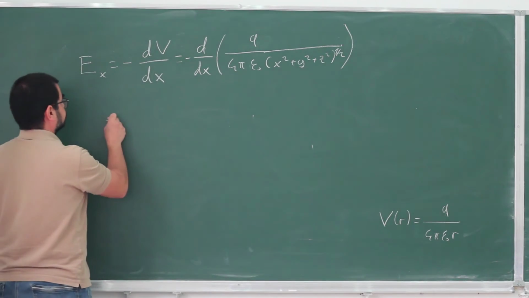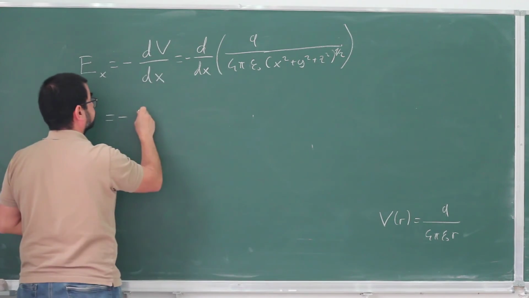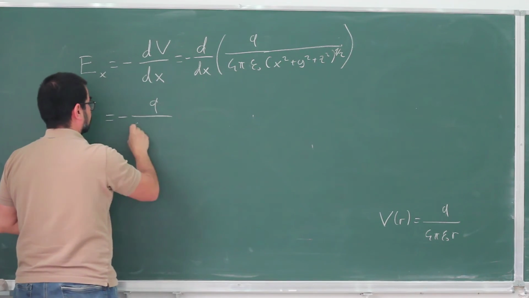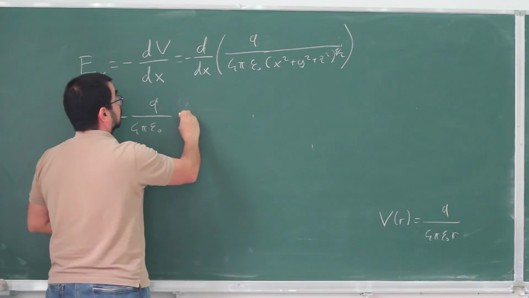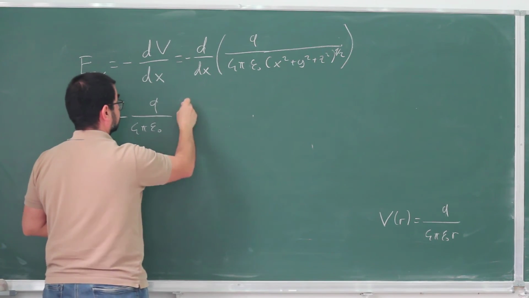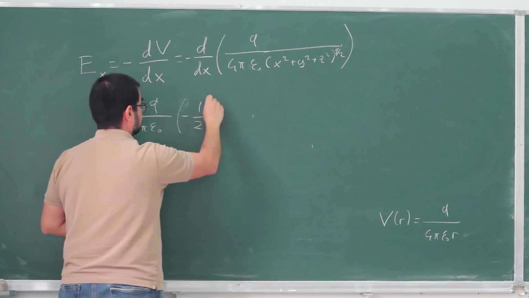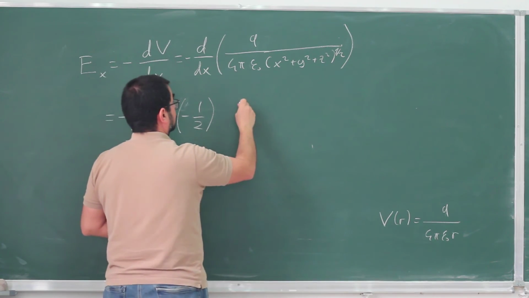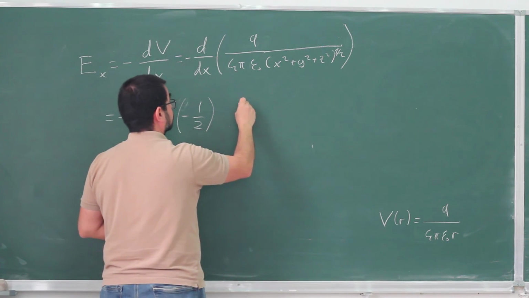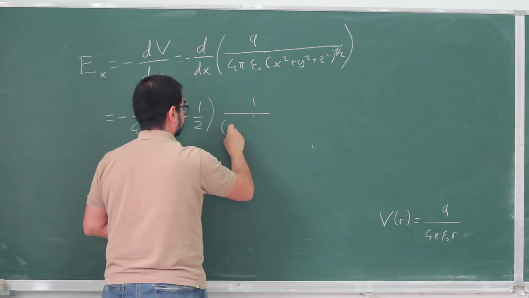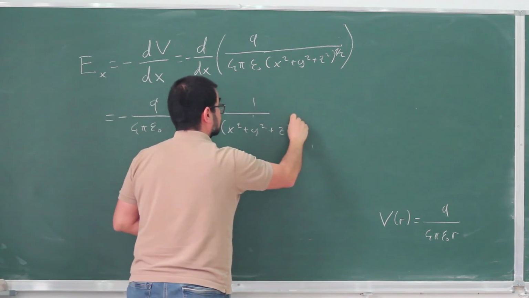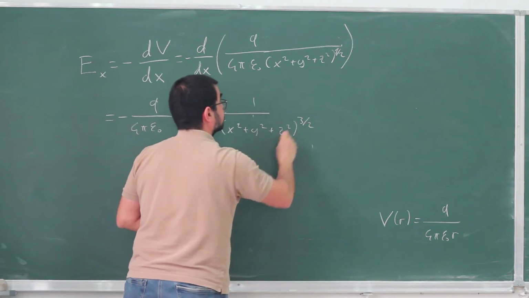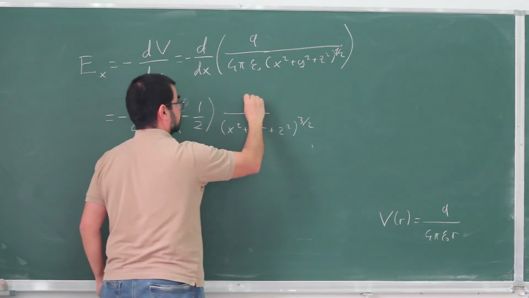So let's write this down. So negative sign coming from here, q over 4 pi epsilon naught. And then the derivative of that introduces minus a half. But the derivative of this is 1 over x squared plus y squared plus z squared to 3/2, and then derivative of this is 2x.